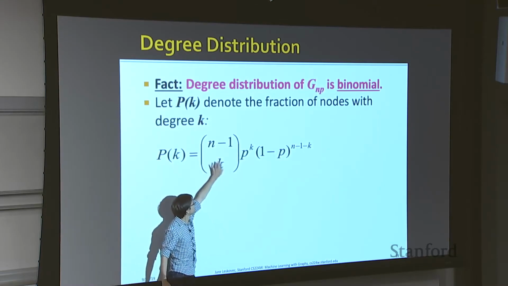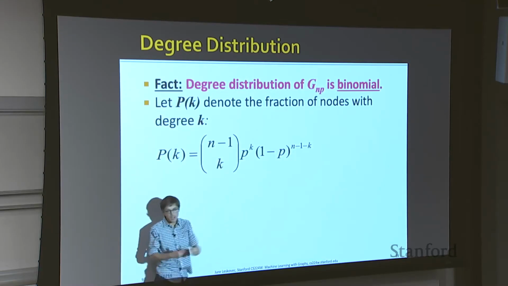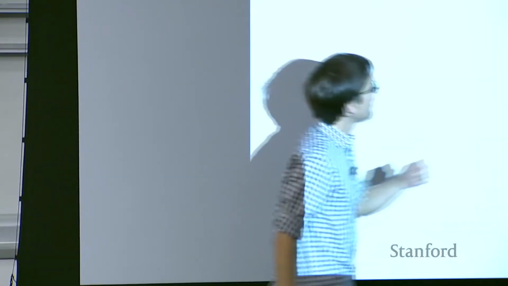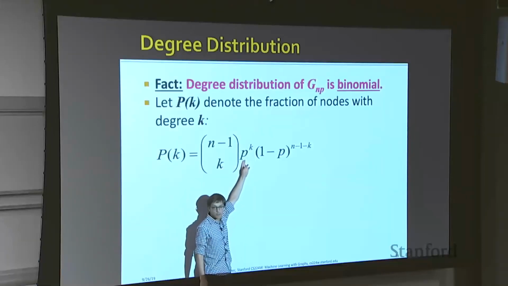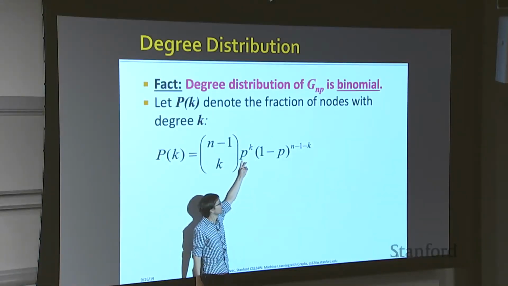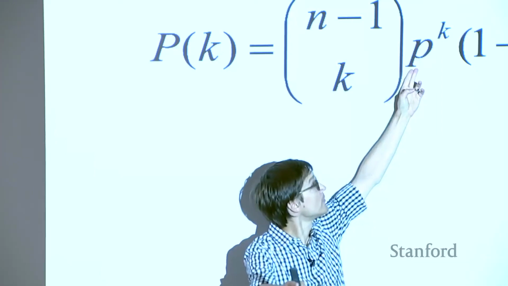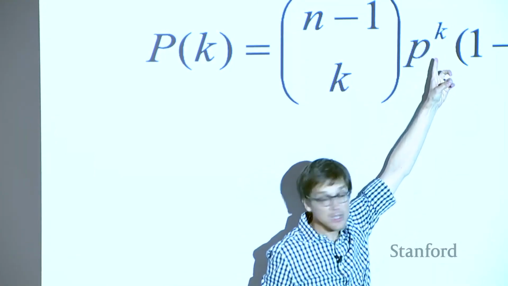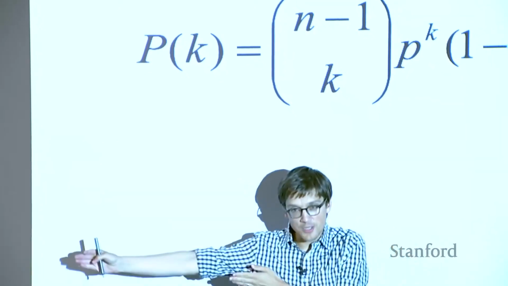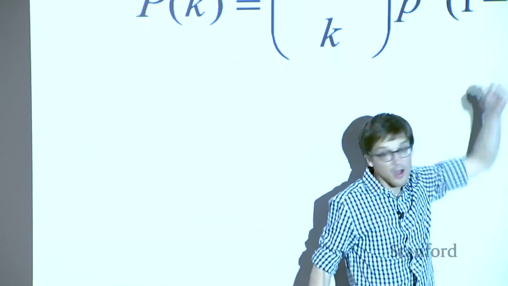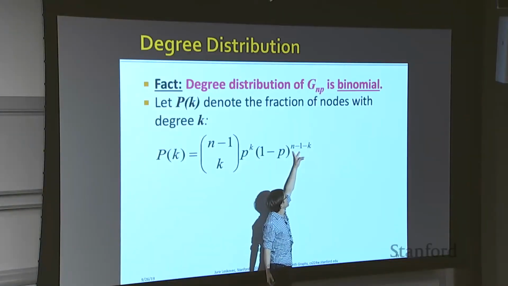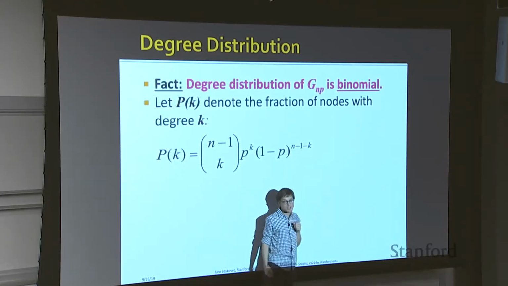So there are (n-1 choose k) ways I can select k nodes out of n minus 1. Then for these k nodes, I have to create a connection to each one of them. The probability of connecting to one of them is p, but because there are k of them it is p to the k. And then to all the other nodes, I must not create a connection. The probability of not creating a connection is 1 minus p, and how many such nodes are there? There are n minus 1 minus k.